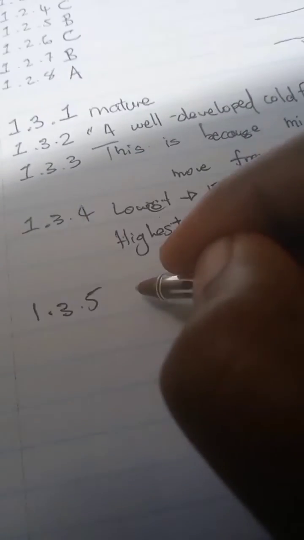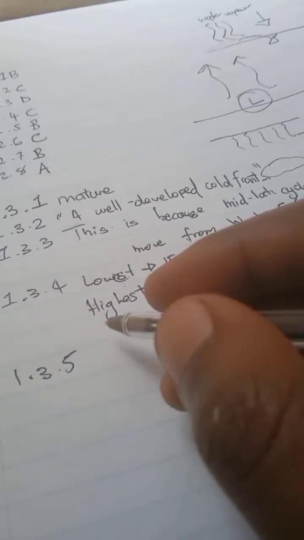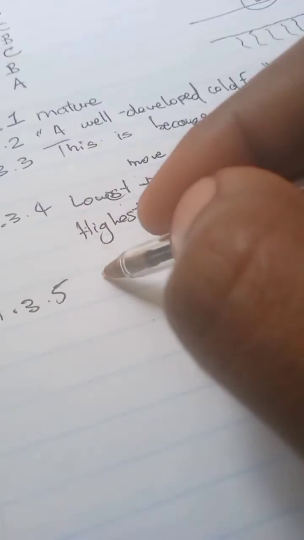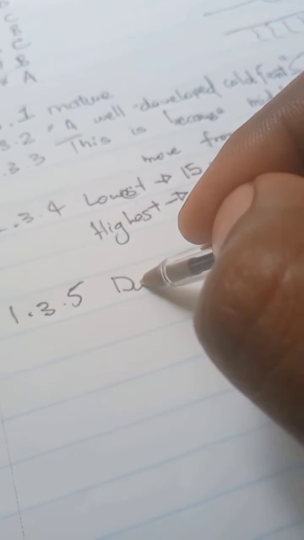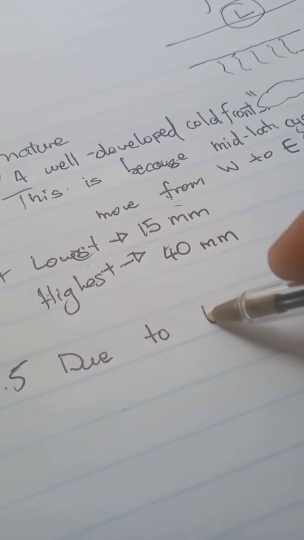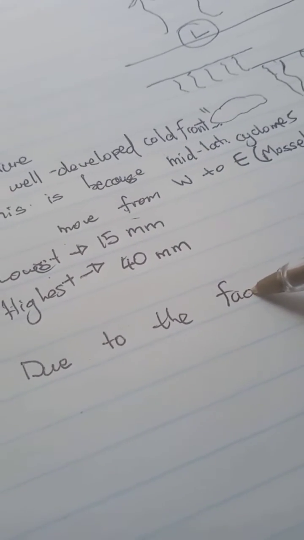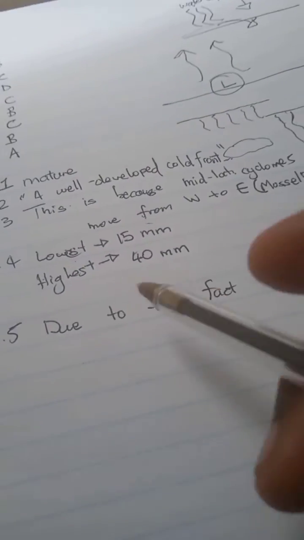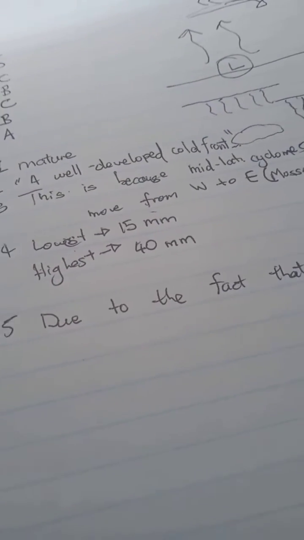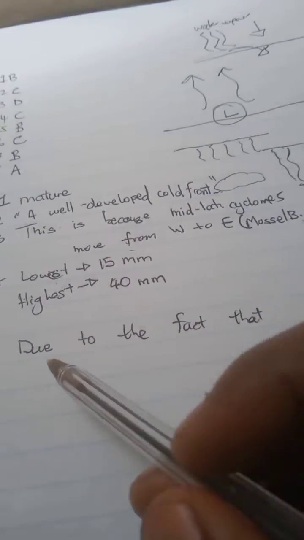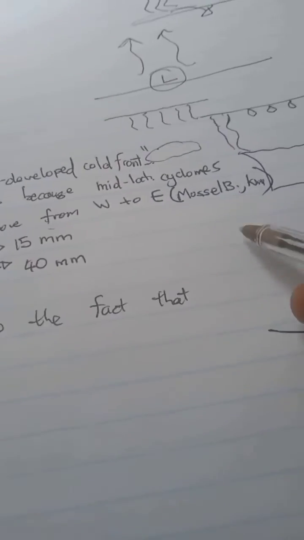So we can start by saying that due to the fact that the cold front is associated with a steep pressure gradient. I know how I write is a bit strange, but that's how I usually write. I really write from the heart, I guess.